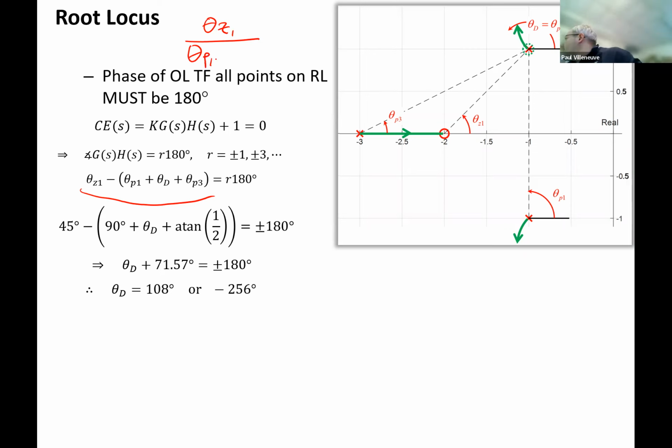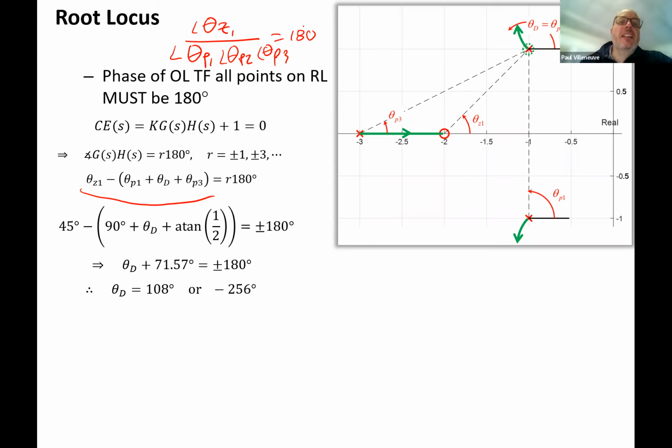Sorry about that. And we're going to have a theta p2, pole 2, and a theta for p3. Remember, these are all the angles that I have over here. And what I'm going to do is find that this has to be equal to plus or minus 180 degrees.